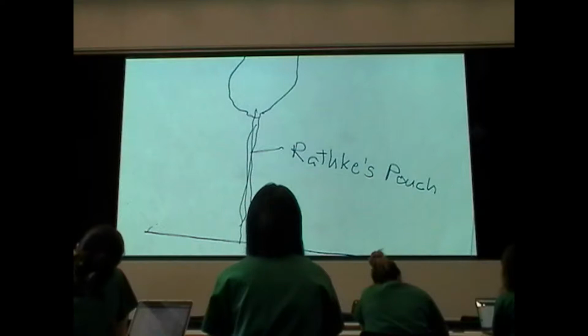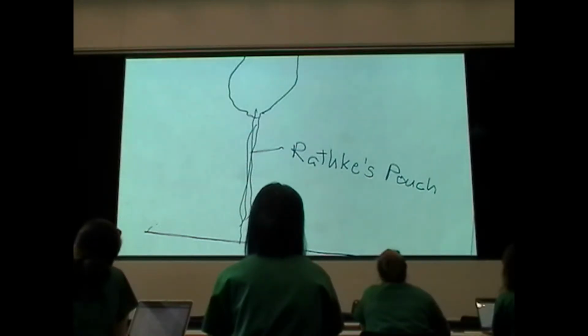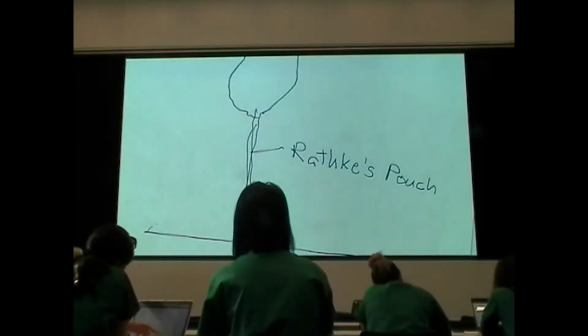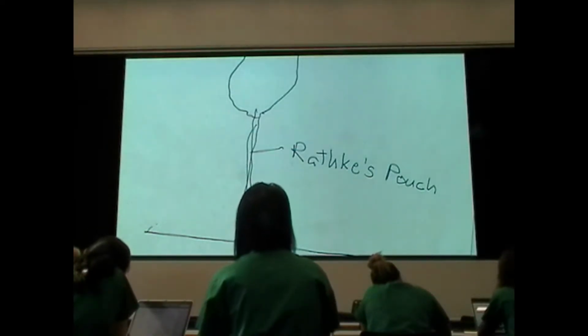Now, Rathke's pouch should be of interest to dentists. As I said, this is an ingrowth of the roof of the mouth. And occasionally, there's some embryonic misadventure.